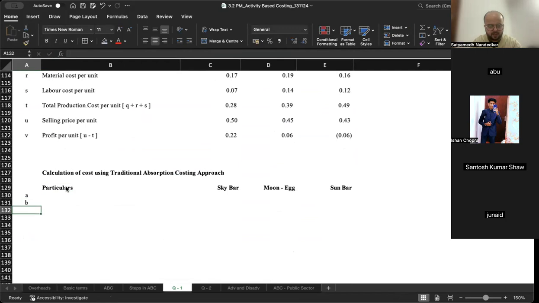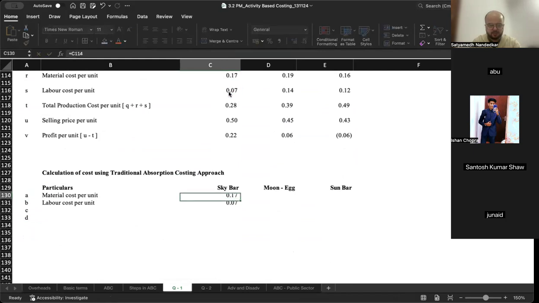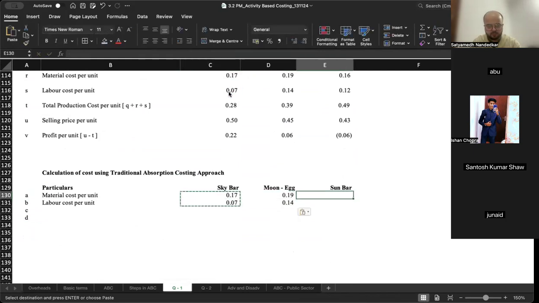Again, A, B, C, D. So this has to be material cost per unit, labor cost per unit, which is directly here. Okay, material cost and labor cost per unit is given to you.